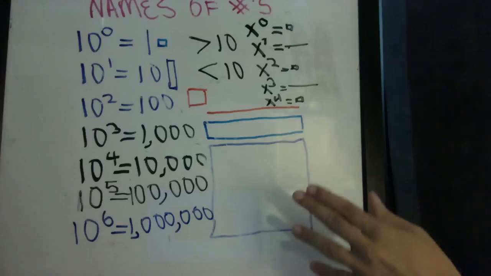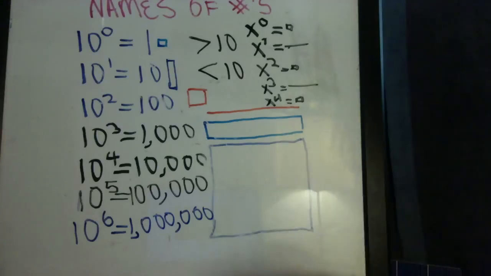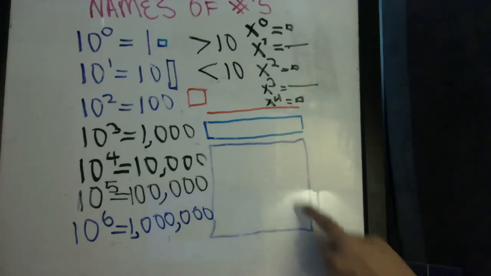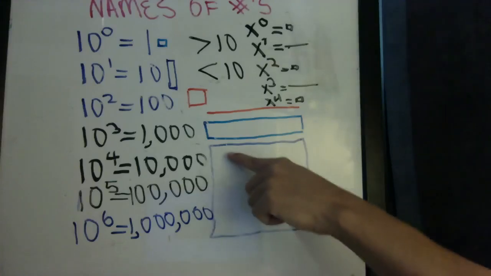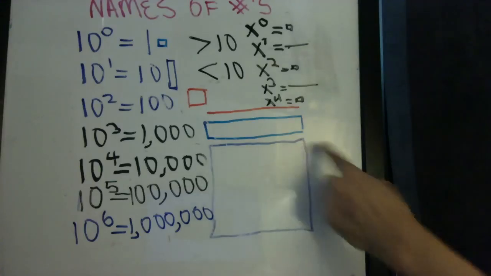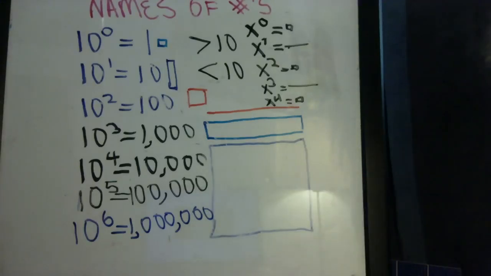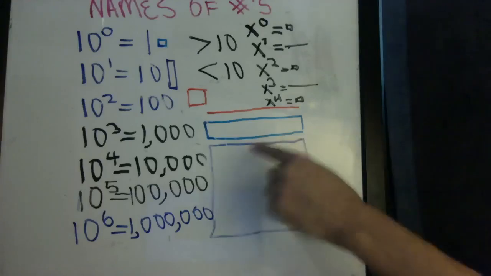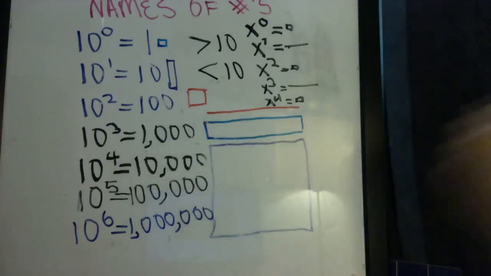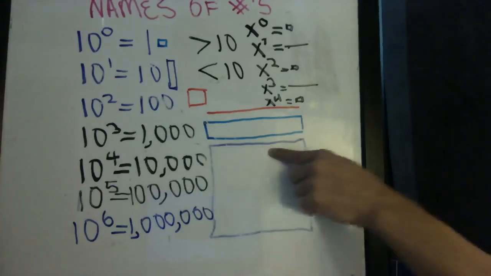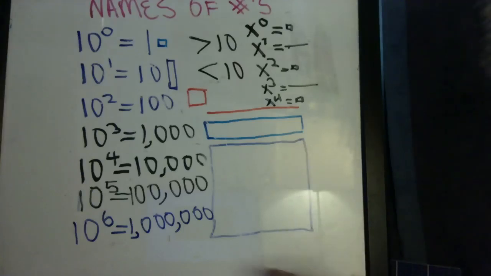Over here, when it was just 10,000, this was 10 squared by 10 squared. And we added those together and got the 4. Huh. So would this be 10 to the third by 10 to the third to get 10 to the sixth? Why, yes, I think it would be.